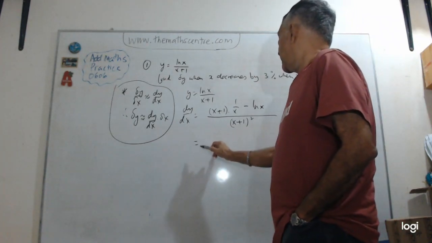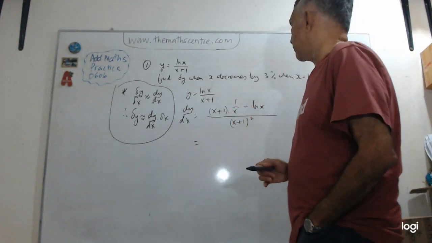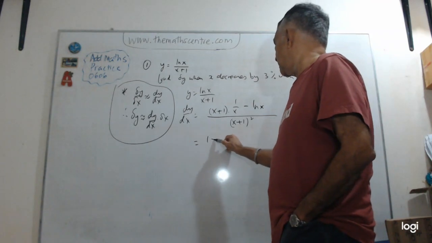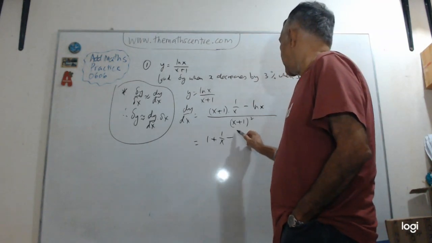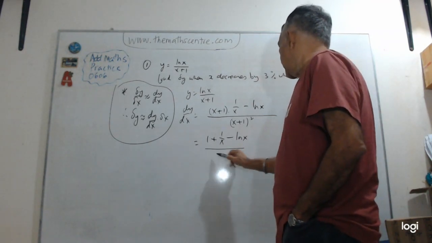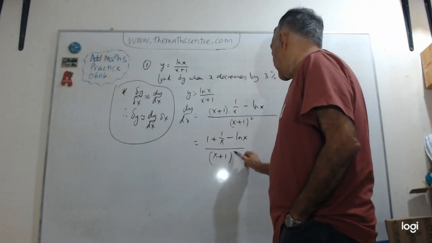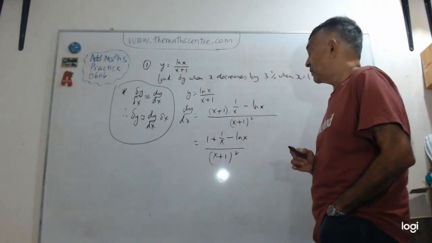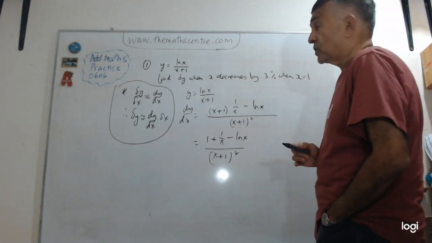So what do we get? We have 1 over x times x, which is 1, plus 1 over x, minus ln x, all over (x plus 1) squared. So that's our dy/dx. Not so bad, we just used u over v.